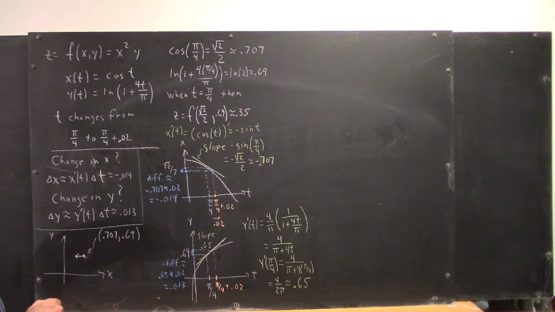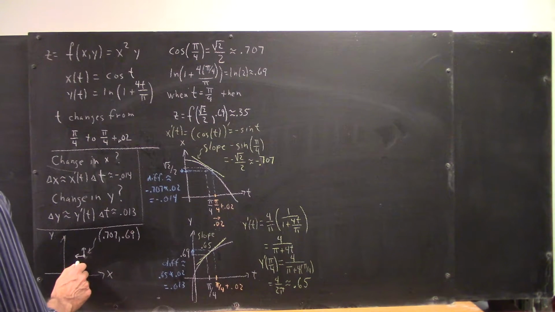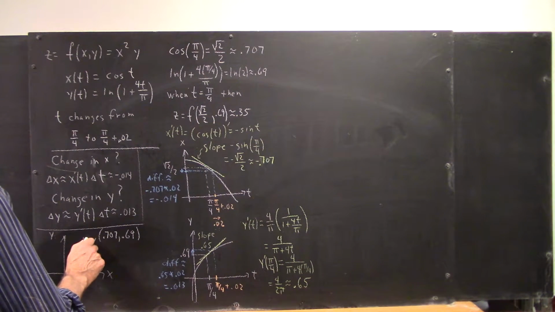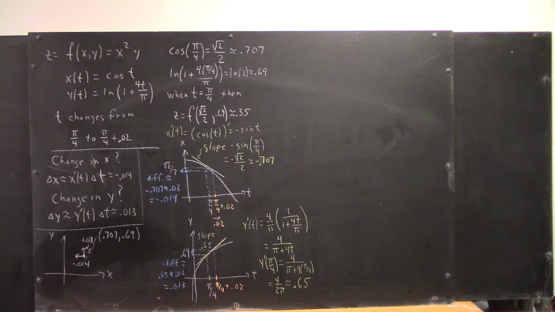We're going to move in the y direction positive 0.013. Three didn't come out very well, but hopefully you get the idea. Okay, what's the effect of moving this far in the x direction and this far in the y direction?